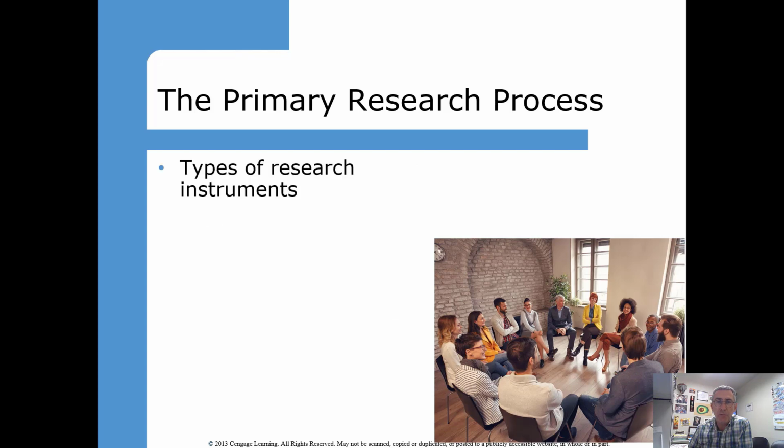So the primary research process, there are different types of research instruments. Just so you guys know, for this section, I'm trying to keep it as mainstream as possible. There is the option to dig deeper into research methodology and research tools. For the purpose of this class, I'm not going to go fully operational in terms of research.